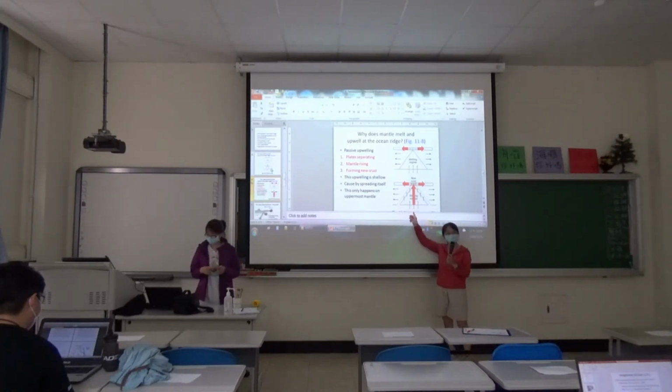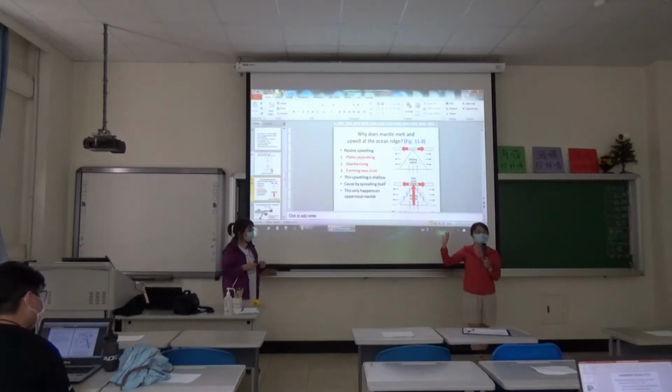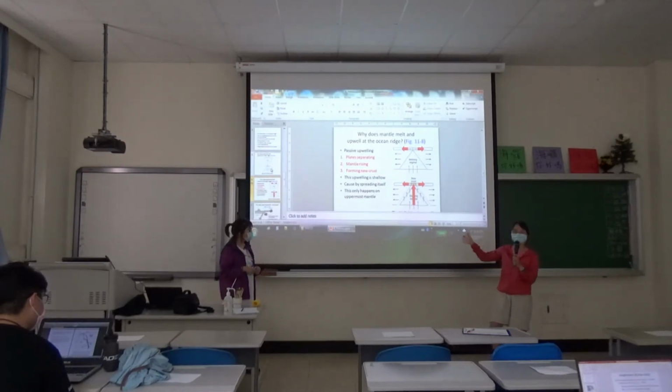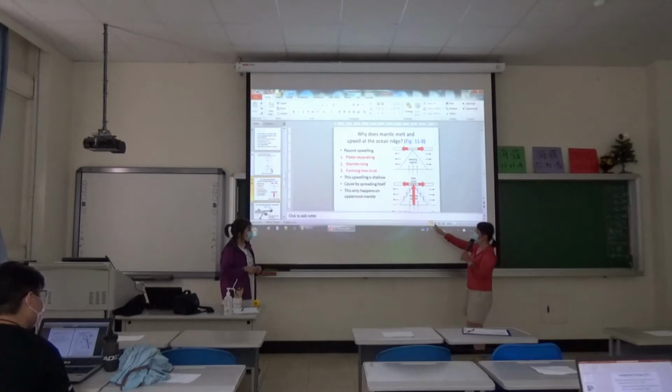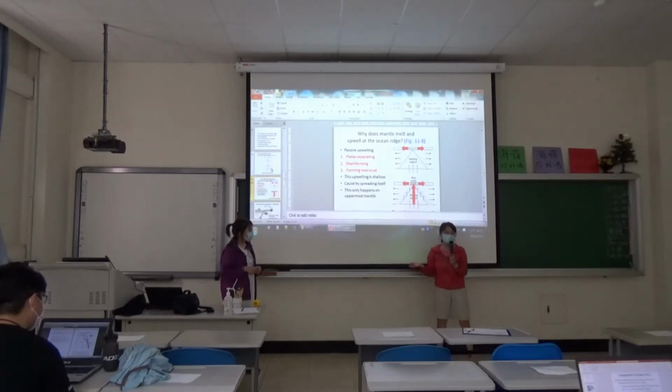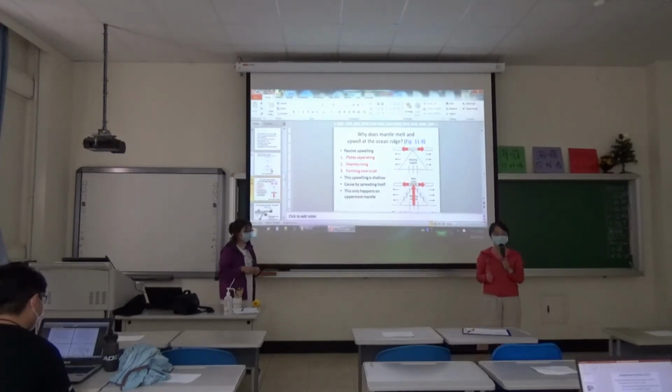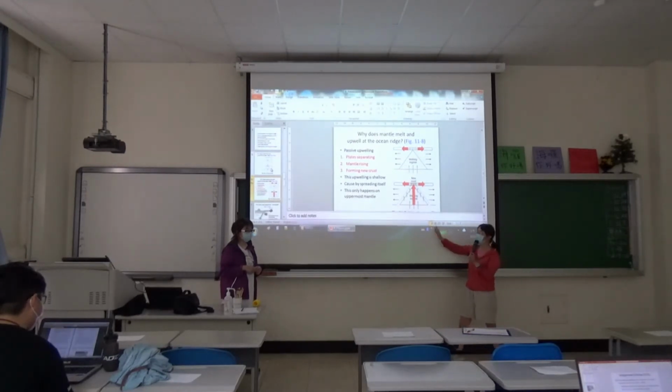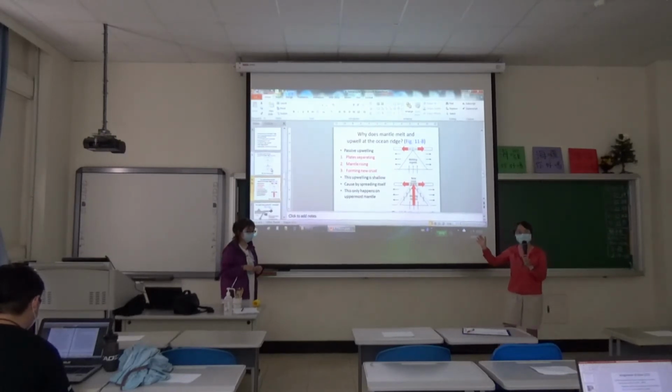Actually, what I was asking with this question is, if you think clearly, this is counterintuitive because when a material moves upward to the crust, the temperature is lower, and when temperature is lower, usually you don't see material melting. But in this case, you actually see the mantle becomes magma and flows out of the ocean ridge. So my question is, why can this happen?